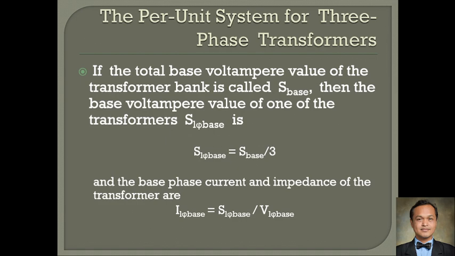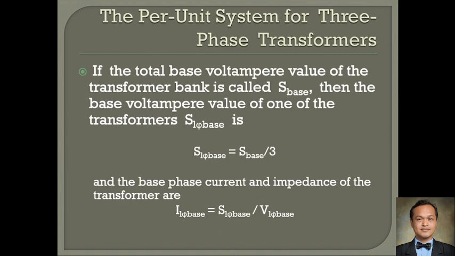Let's say 13.8 kV to 220 volts. So there's a big difference in it. In order for us to lessen the confusion, we are using the per unit system. So how do we use the per unit system?